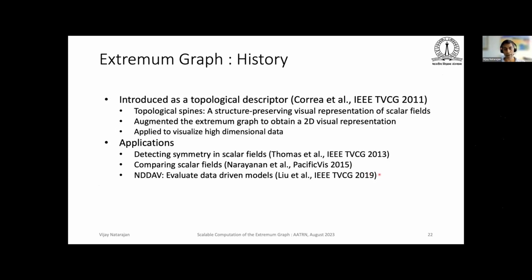And more recently, towards the study of the efficacy of neural networks by understanding how the model behaves against different data sets. So I, of course, have not talked about the different applications of the Extremum graph that naturally arise because it's a subcomplex of the Morse-Smale complex. So these are just a sample of applications of the Extremum graph in itself.